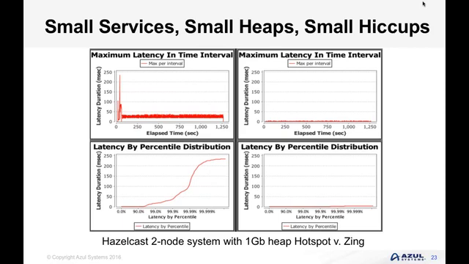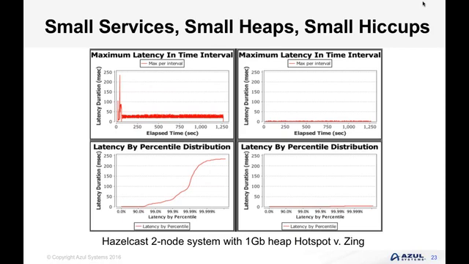The graph at the bottom shows the latency by percentile, so what percentage of the time you get a particular level of latency. If we look at the Zing graph, it's pretty much flat. We would actually have to change the scale on the graph to see that we were probably getting latency caused by garbage collection and underlying effects in the range of less than 10 milliseconds, compared to the one on the left.